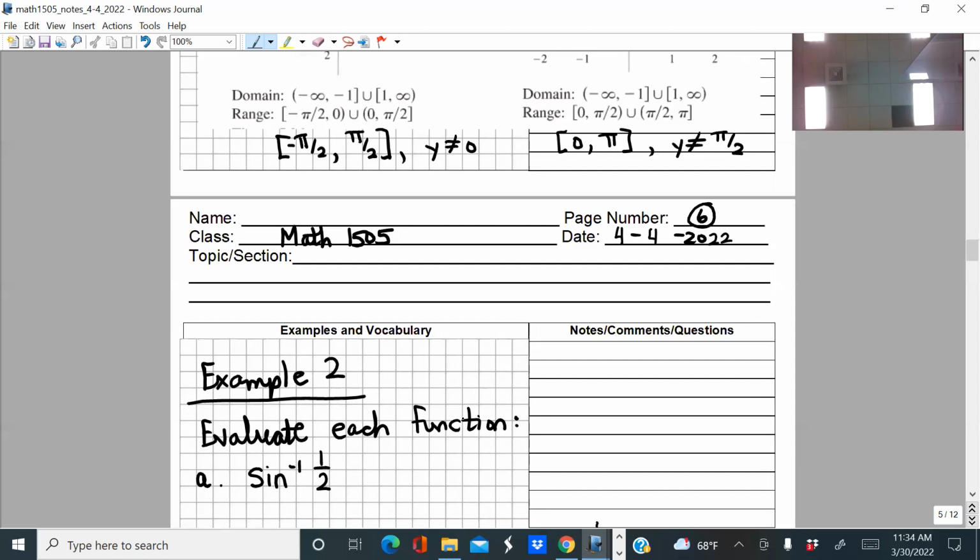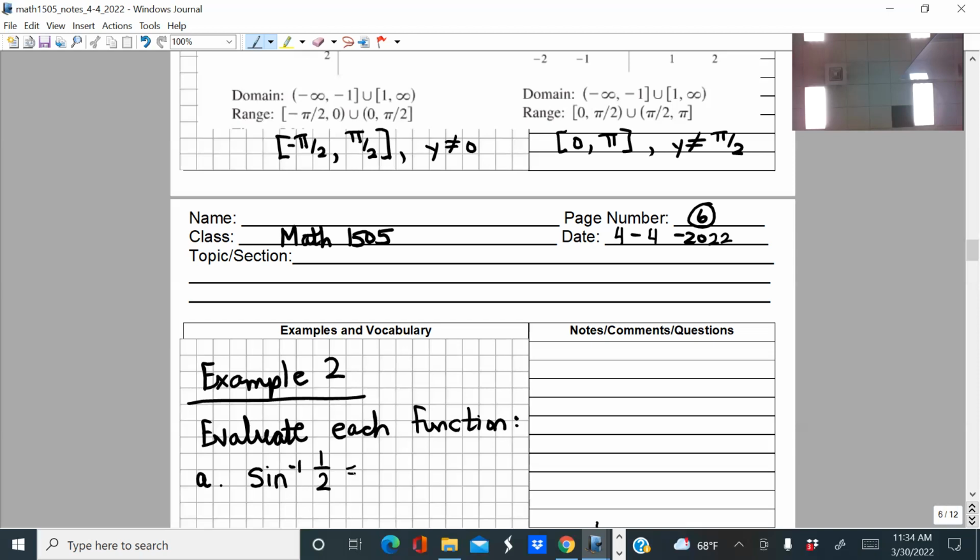Remember, the way the sine inverse function works is you put in a number, and you get out an angle, because in the sine function, it's opposite. You put in an angle, you get out a number. Now, what kind of number can you put in? It has to be a number between -1 and 1. Well, 1/2 is certainly between -1 and 1, so we're okay. Now, how do we figure out what is sine inverse of 1/2? Because we don't have a formula for sine inverse, right? So how do we evaluate this?